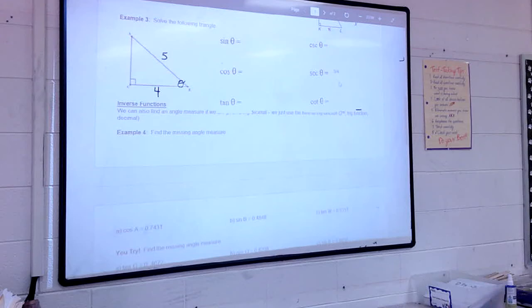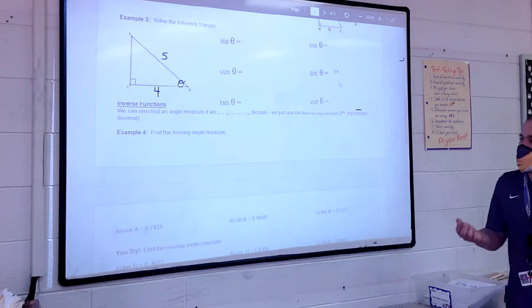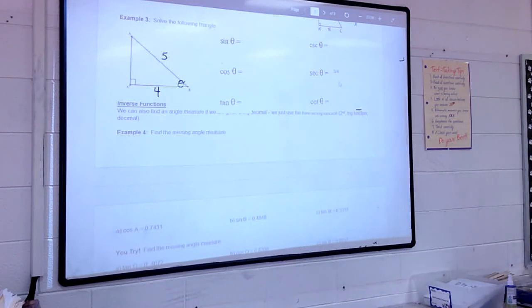What side are we missing? We're missing the opposite, right? So to find the opposite, we can use something that we knew earlier. That is the Pythagorean theorem in a right triangle. If they don't give us all three sides, we can find the third side by using the Pythagorean theorem.